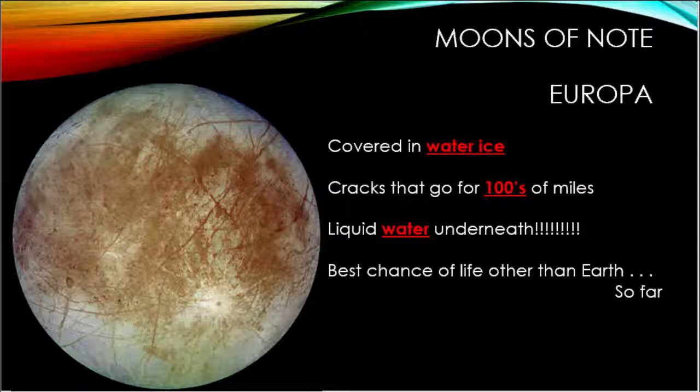It's got cracks in it that go for hundreds of miles. It might have water underneath the ice, but we're not sure. Seems to be there's a liquid under there. So scientists are hopeful that they can find water on a planet or a moon somewhere, because if there's water, there's a potentiality for life.